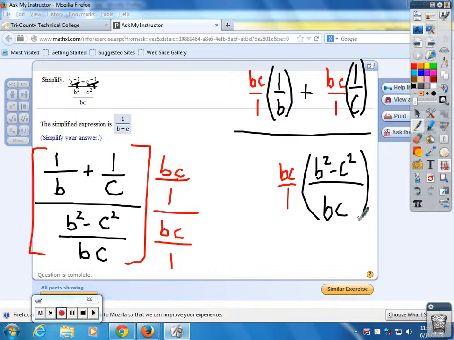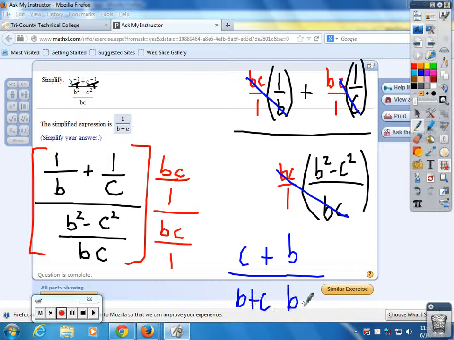And what happens up here? B's cancel and you're left with what? This is shortcut number what? 3, which gives me B plus C, B minus C. And what happens here?